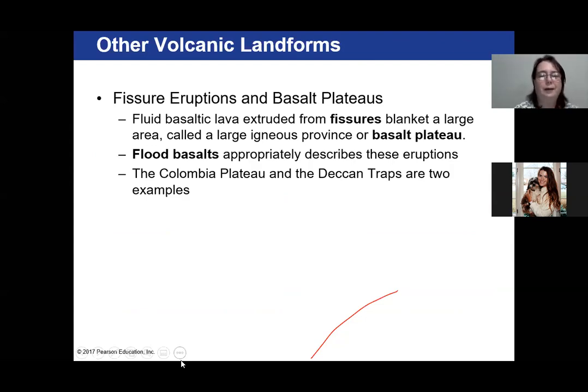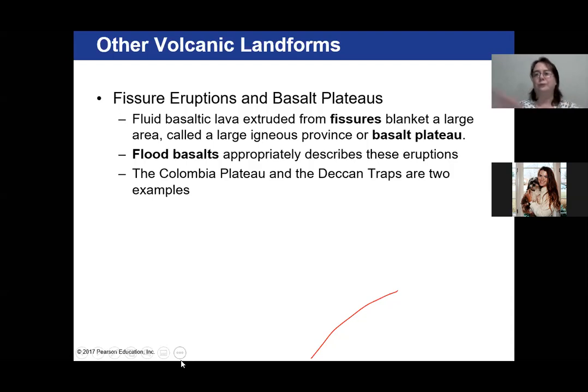Okay. Fissure eruptions, that's what I said first, where a fissure can be a long crack, and then the lava comes out in a sheet-like form. This creates a large expanse of lava called an igneous province or a basalt plateau. And these are called flood basalts.